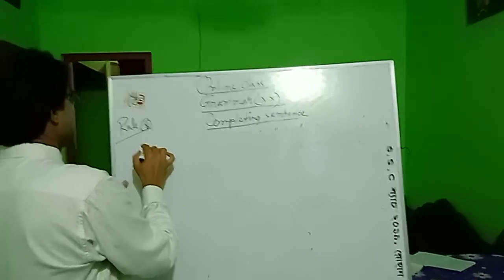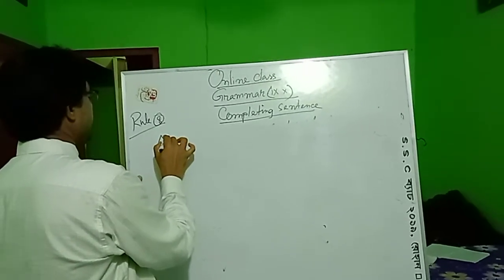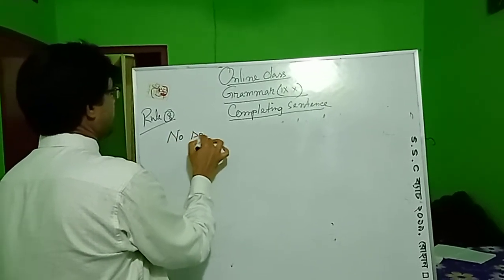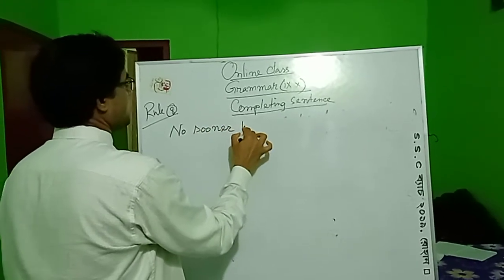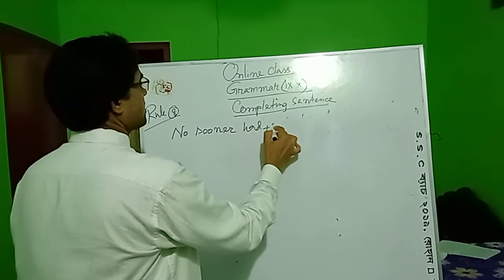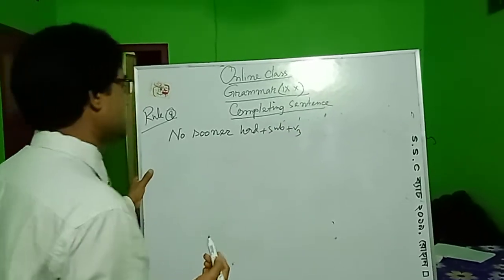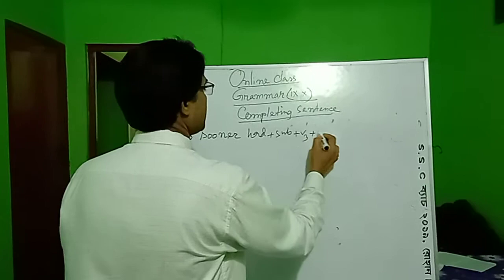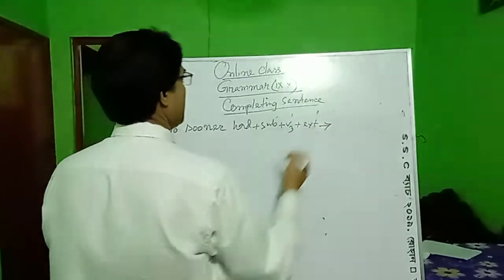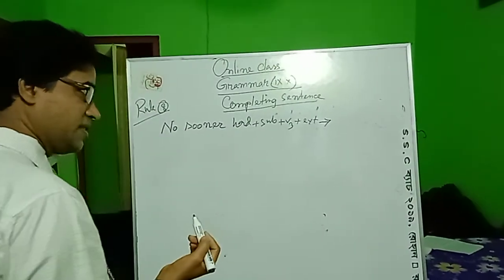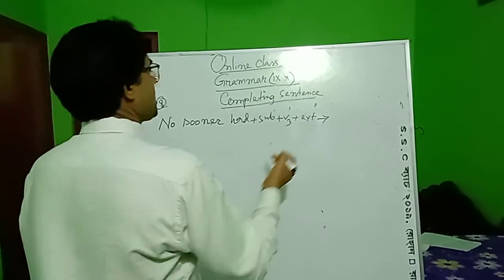If the sentence begins with no sooner, had plus subject plus V3, that means past participle form, then extension, then we will complete the sentence according to the structure.